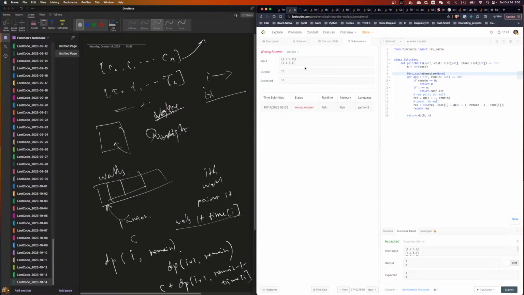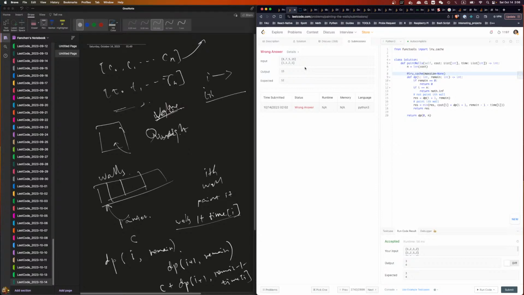Put 15. Should be 12, 5, and 7. Because at 5, I said if I paint 5, right?